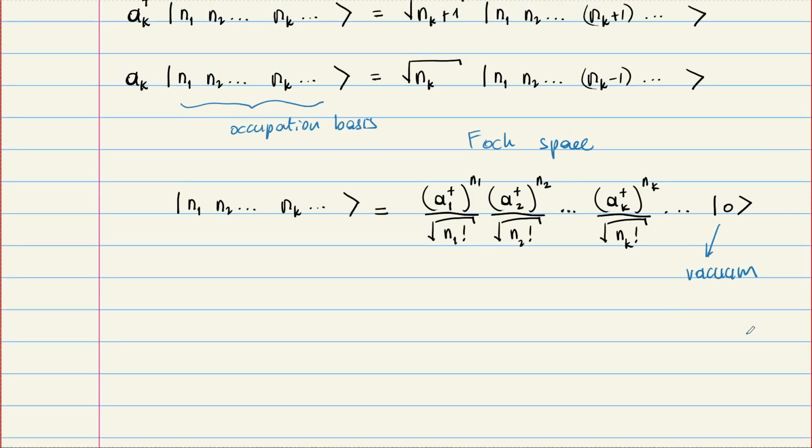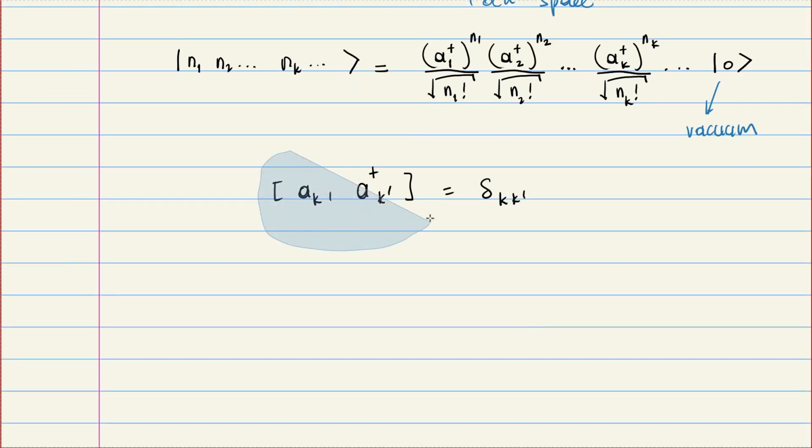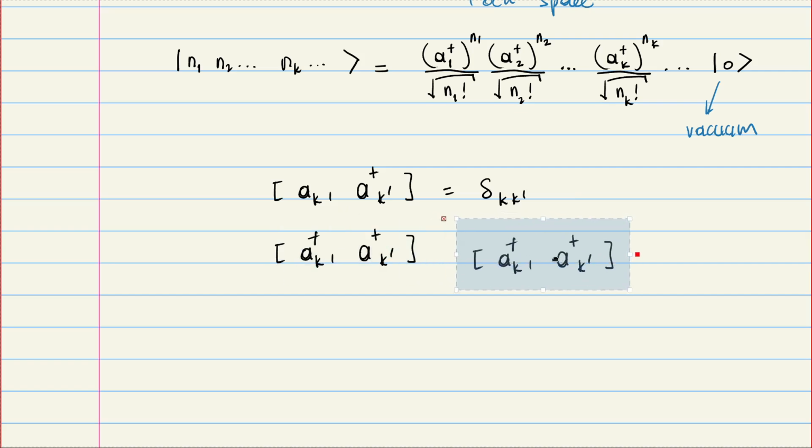The reason we like this representation better than the so-called first quantized usual Schrödinger equation is that you can carry all the calculations through operator commutations. The commutator of A_k and A_k' dagger is equal to delta_kk', and all the others are 0. Things like two A's, or two A daggers, commute, so that is 0.